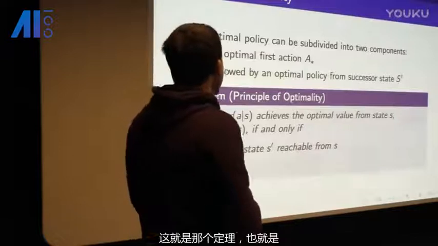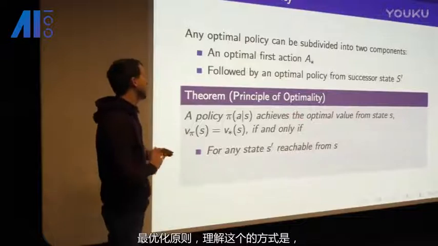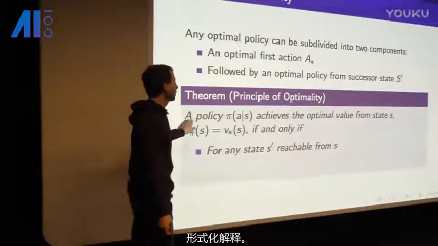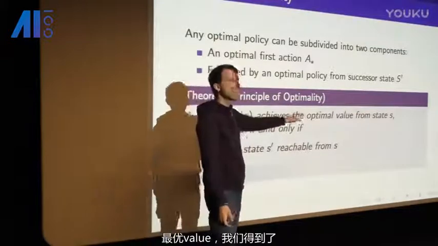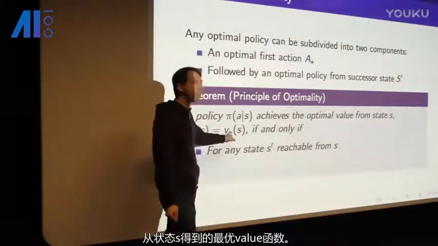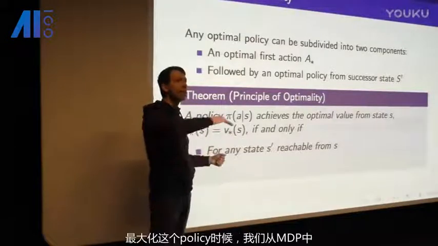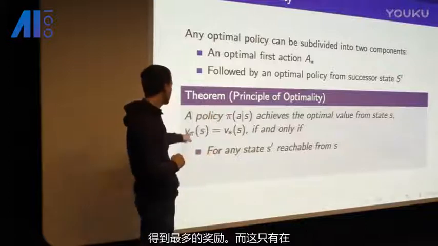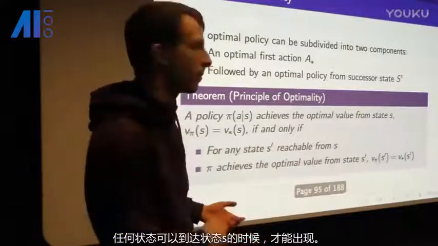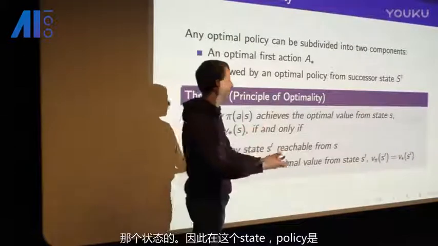So this gives us a theorem, the principle of optimality for policies, and the way to think of this is just a formalization of exactly that intuition. It says that a policy achieves the optimal value from any state S, in other words, the value of that policy is the optimal value function from state S. So this policy really does get the maximum juice out of our MDP if and only if, for any state that we can reach, the policy that we follow is optimal from that state onwards.